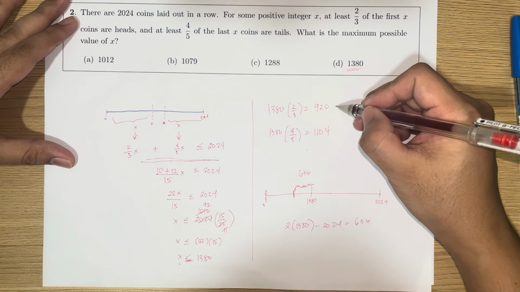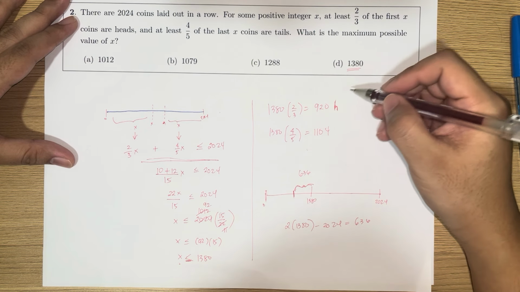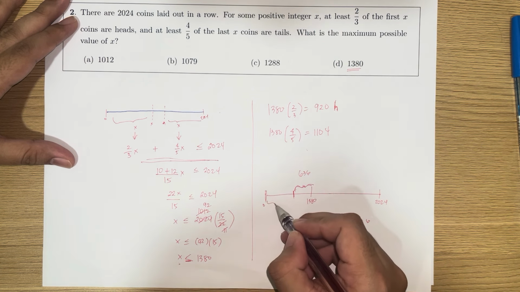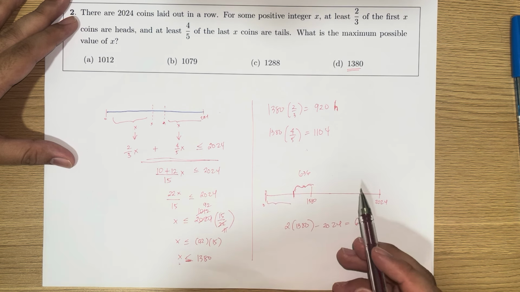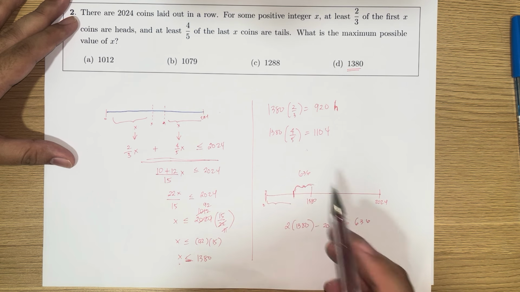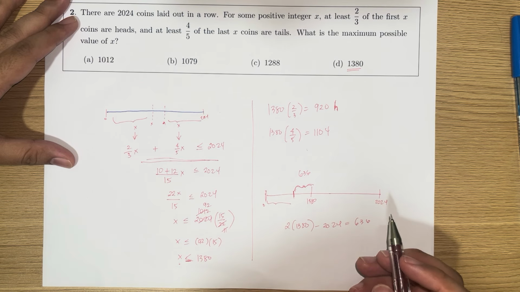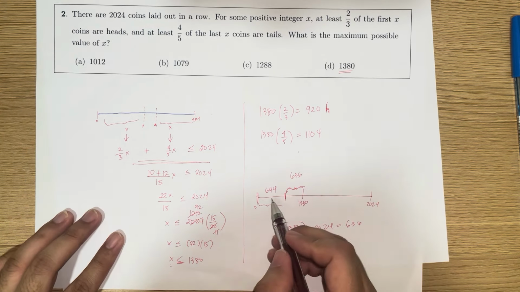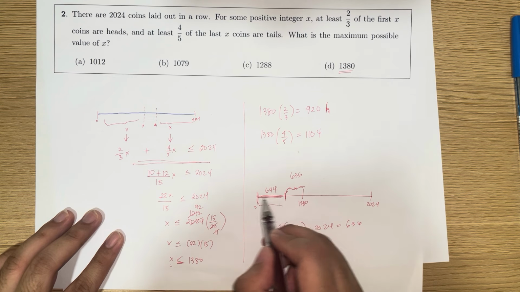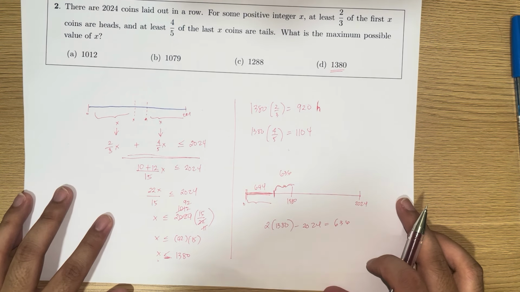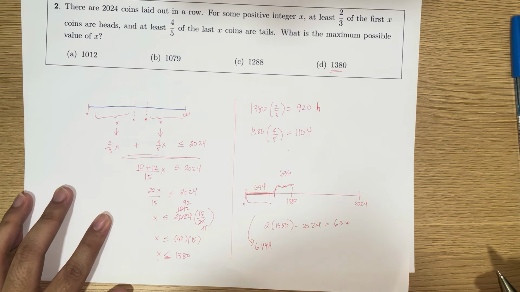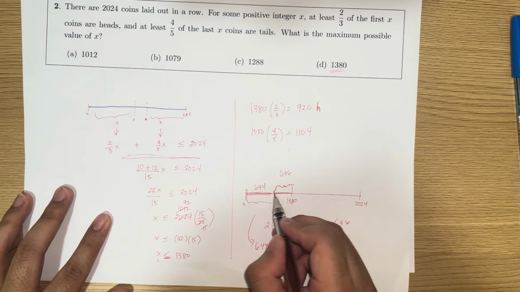Right? So we want here to have 920 heads on the first X. So we want to count this part. So this is 1380 minus 636. That is 644. So let's say that this first set has exactly 644 heads. How many heads should you have in this overlap region?